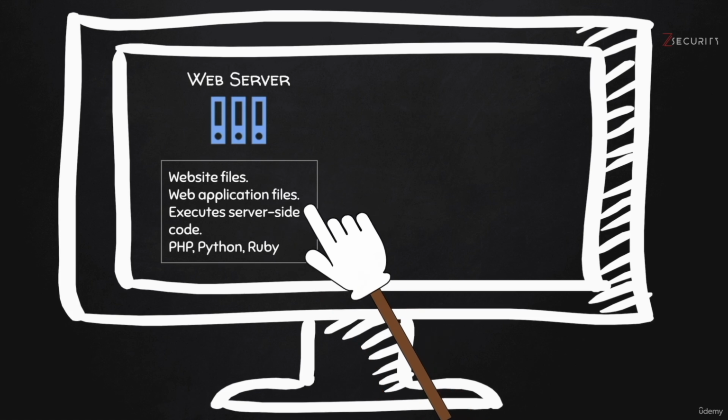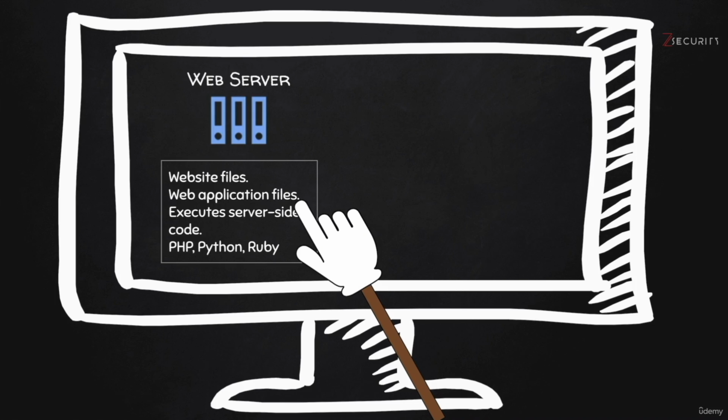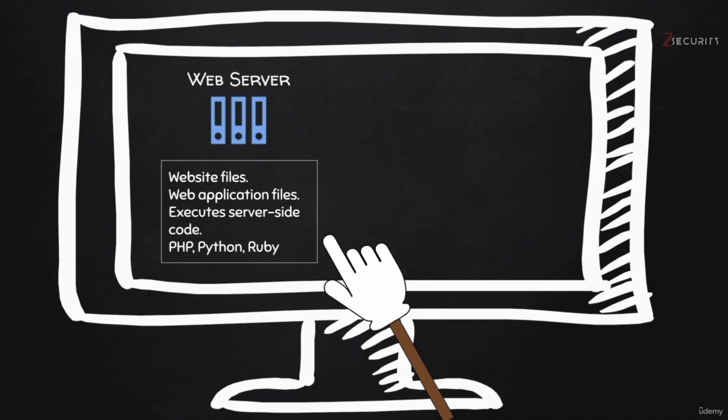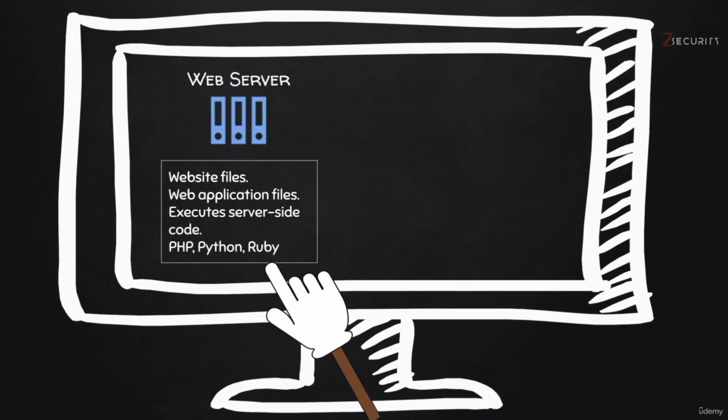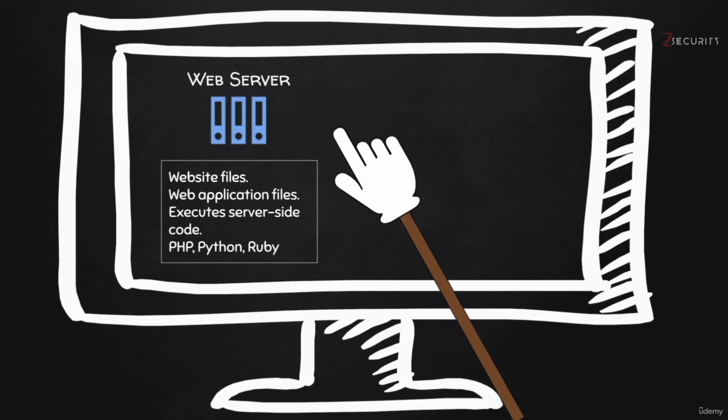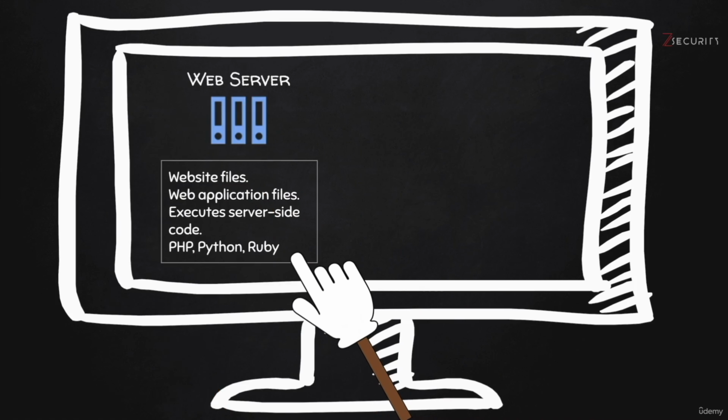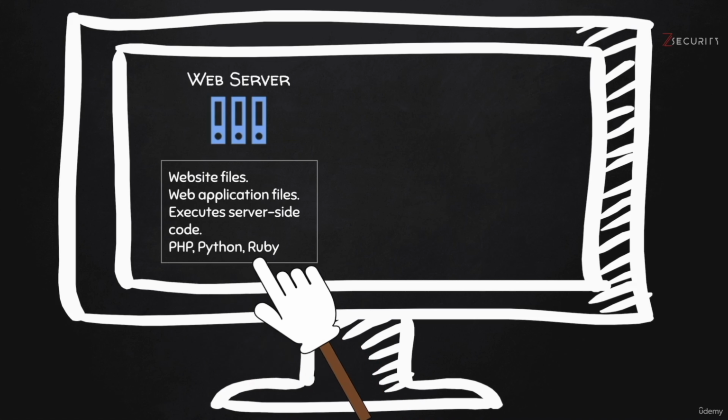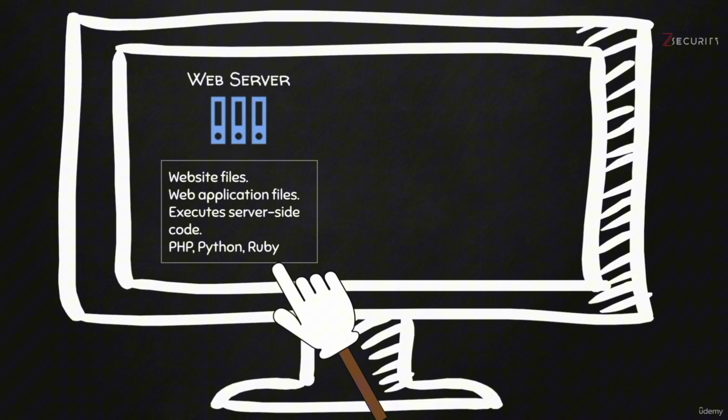But the web application files, they actually contain code written in a programming language that can process information and manipulate it and do useful tasks. So it would be written in languages like PHP, Python, Ruby, and so on. And most websites that actually do something useful, other than websites that just simply display information, like a shop website, they would actually be written in a programming language such as these.